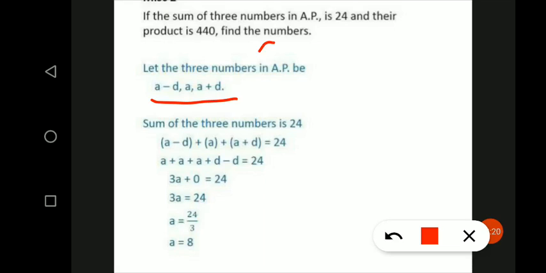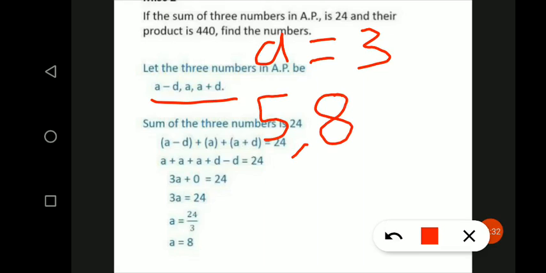Suppose you take d is equal to 3. One time you will subtract d, one time you will add d. So what you will get? 8 minus 3, 5. Then the next number will be 8. And then 8 plus d, 8 plus 3, 11.